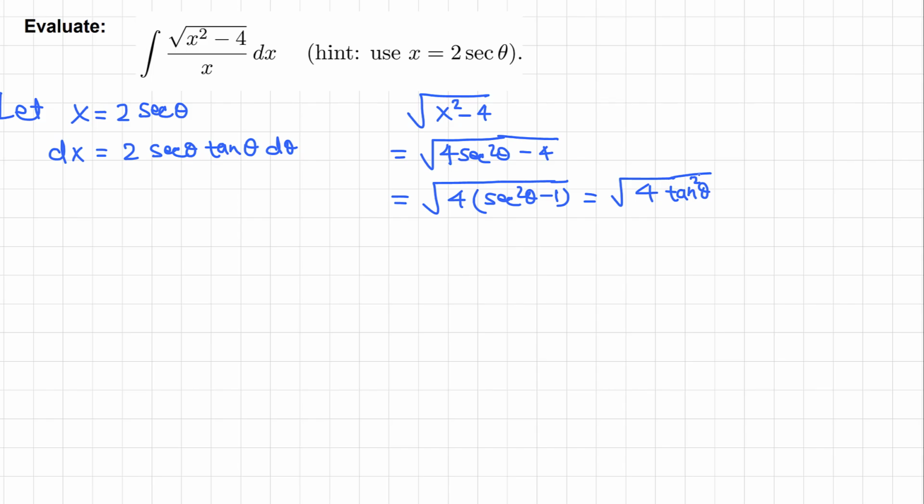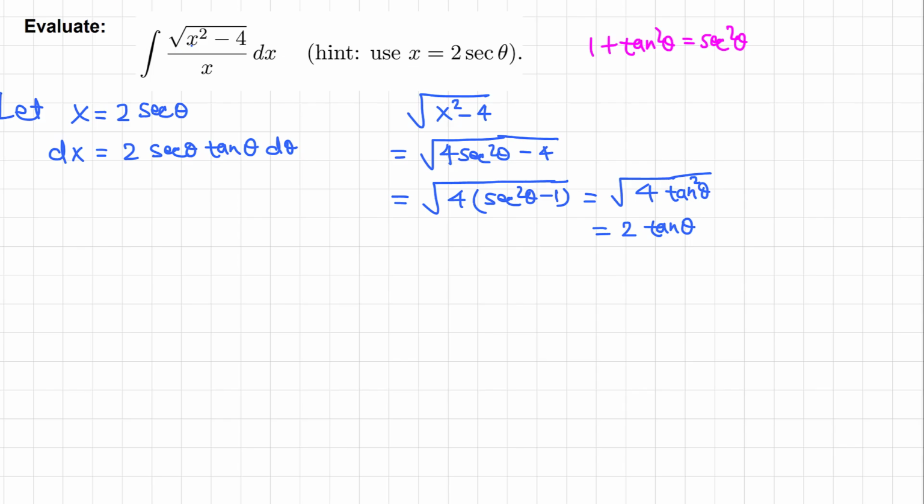And when we take a square root, this will be 2 tangent theta. We are using the fact that 1 plus tangent squared is secant squared. If we subtract 1 from both sides, we get secant squared minus 1, that is tangent squared. And that's what I used here.